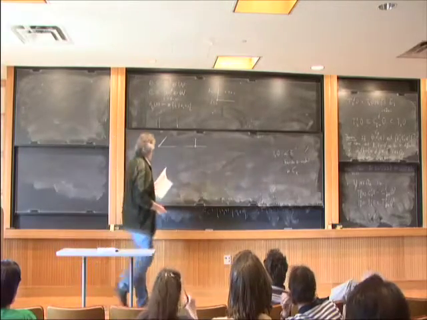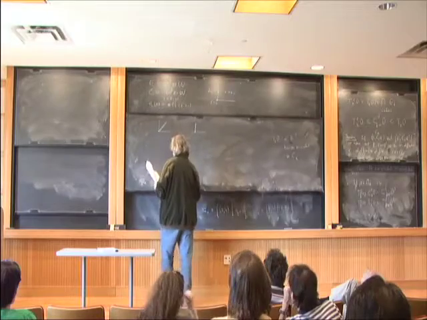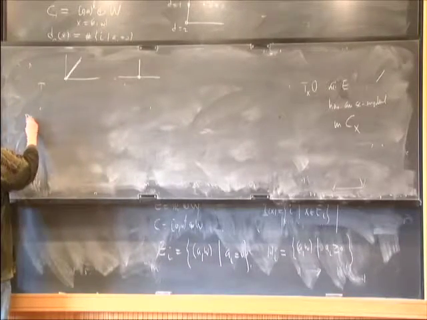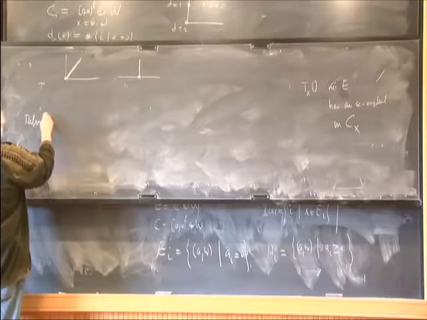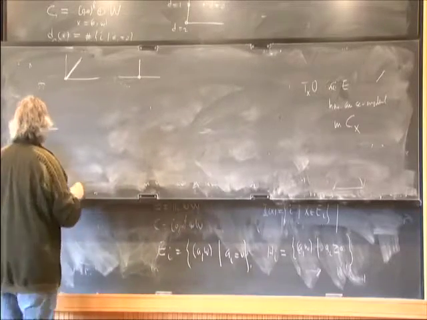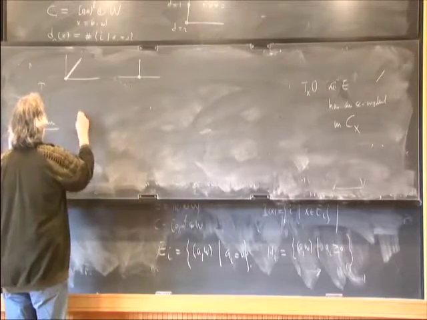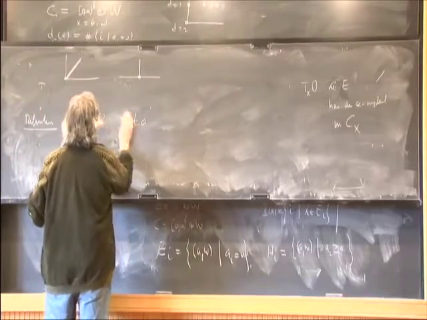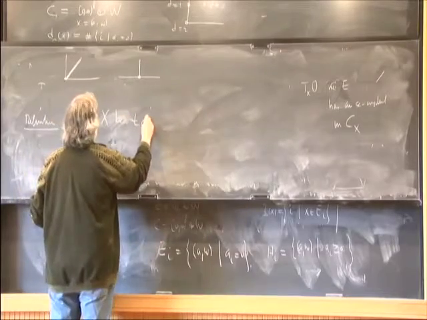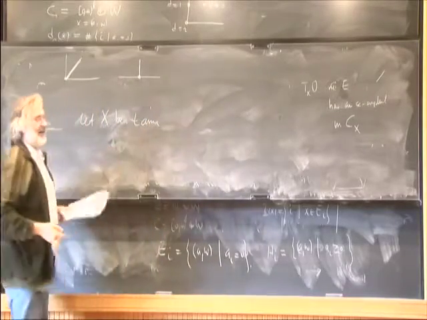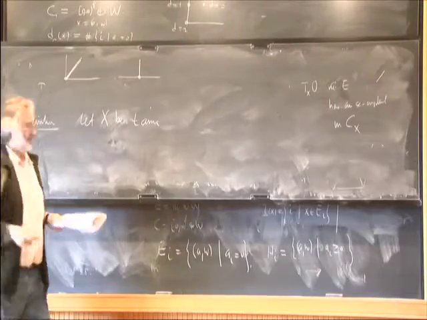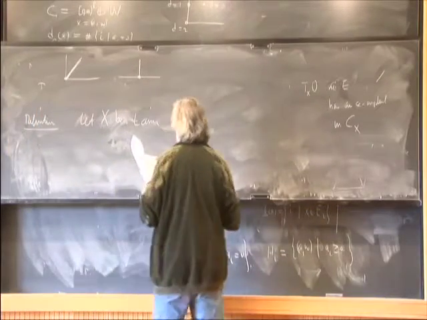Now, some other things which are important. Let X be tame. This is shorter to write than saying X is a polyfold with boundary and corners.